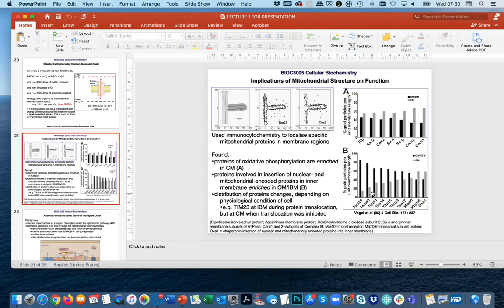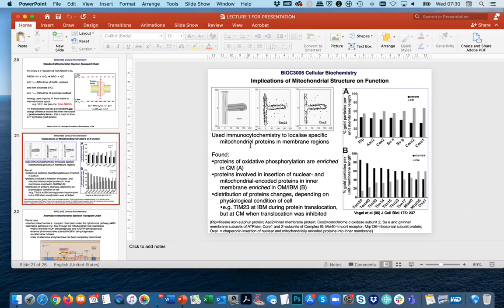But when they treated the yeast cells to stop protein translocation, and this was all done with yeast, they saw that more of the TIM23 was found at the cristae membranes. So the location of the mitochondrial proteins actually changes depending on what the mitochondria are doing at any given time. So again, thinking about that connection between structure and function.